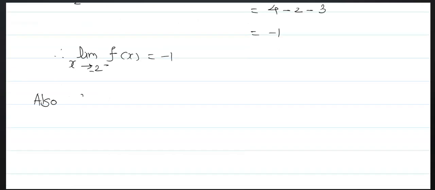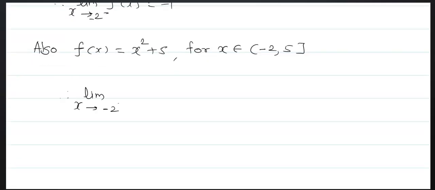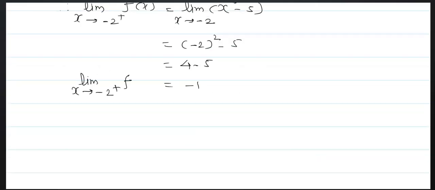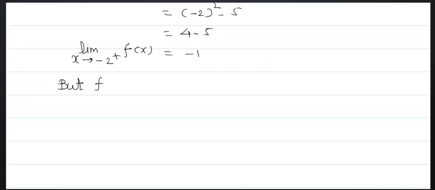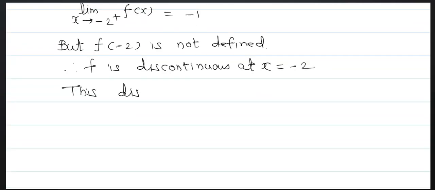Limit x tends to minus 2 for f of x is equal to x square minus 5, which is minus 2 square minus 5, that is minus 1. And in this case, f of minus 2 is not defined. F is discontinuous at x is equal to minus 2.